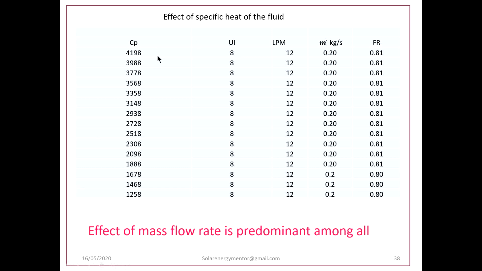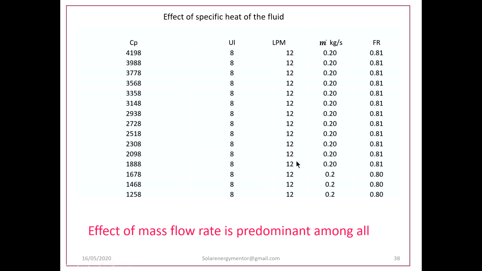The fluids may not have these values, but just to study the variation, we have changed these values. Over this range of Cp, the change of FR is again minimal, 0.81, 0.81, 0.81 and 0.80. So as the specific heat goes on decreasing, the collector heat removal factor goes on decreasing. It is a decreasing effect.